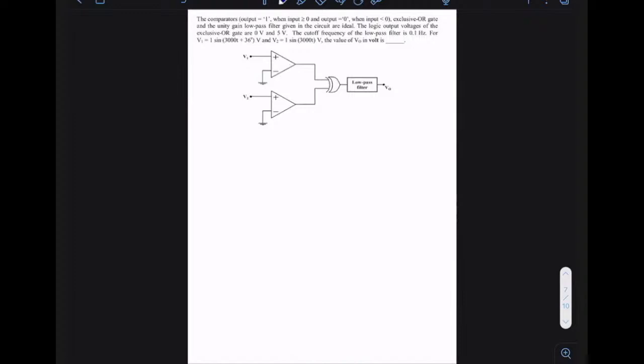Exclusive OR gate and the unity gain low pass filter are ideal. The logic outputs of the exclusive OR gate are 0 volts and 5 volts. The cutoff frequency of the low pass filter is 0.1 Hz. For V1 equals 1 sin(3000t + 36 degrees) and V2 equals 1 sin(3000t) volts, the value of V0 is dash volts.